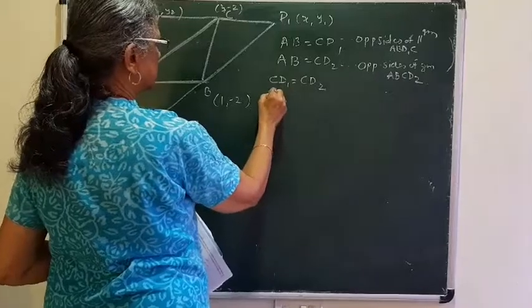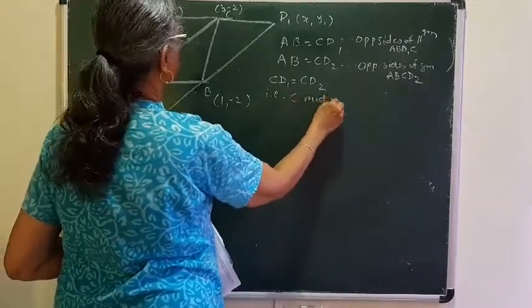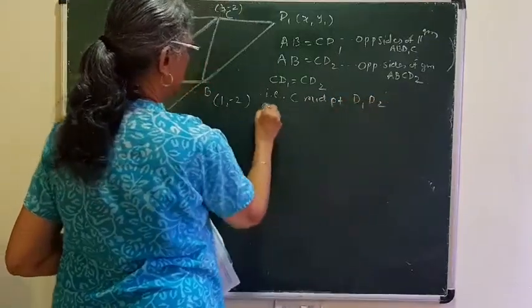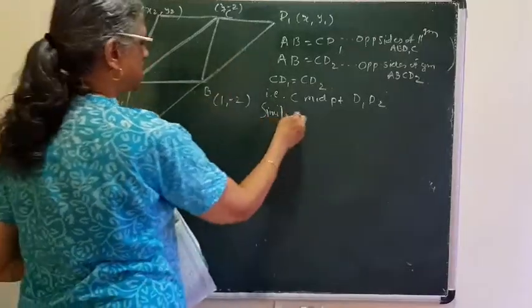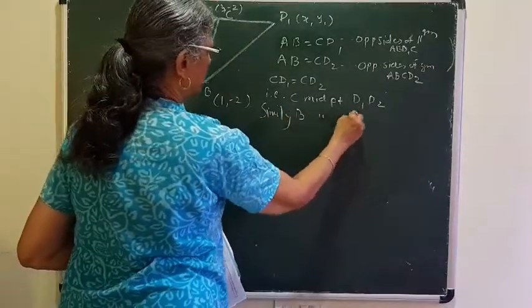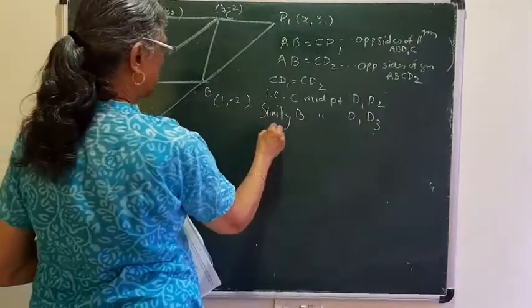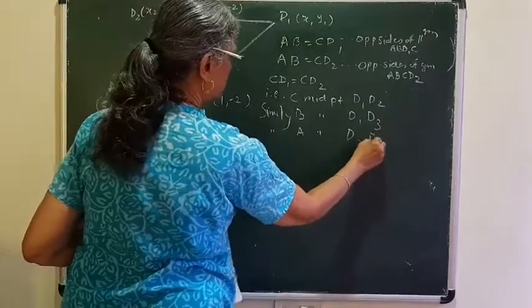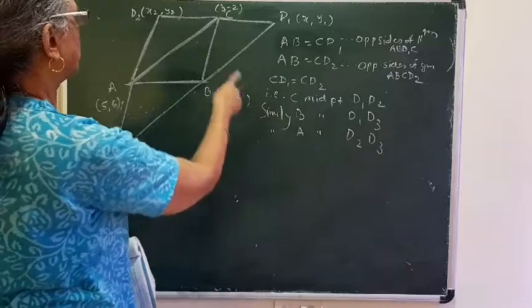That is, C is the midpoint of D1 D2. Similarly we can prove B is the midpoint of D1 D3 and A is the midpoint of D2 D3. Followed? So that's why I am telling we are using midpoint formula.